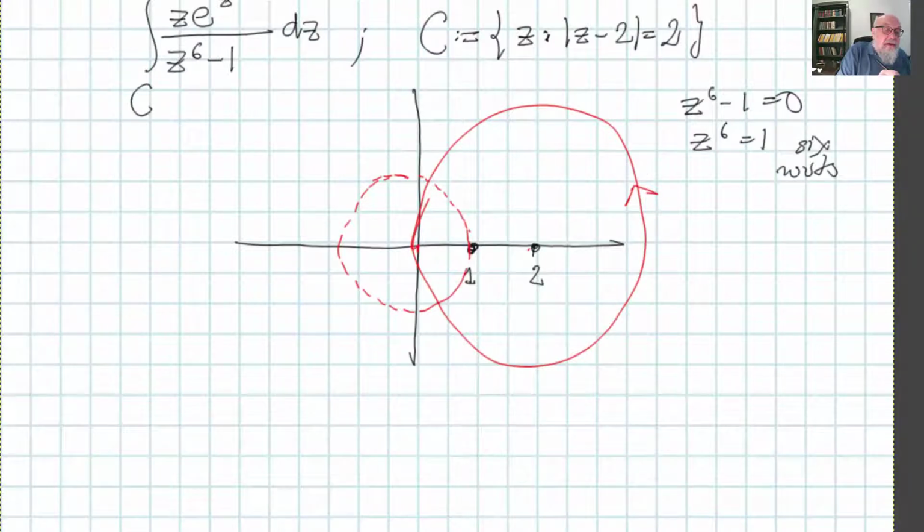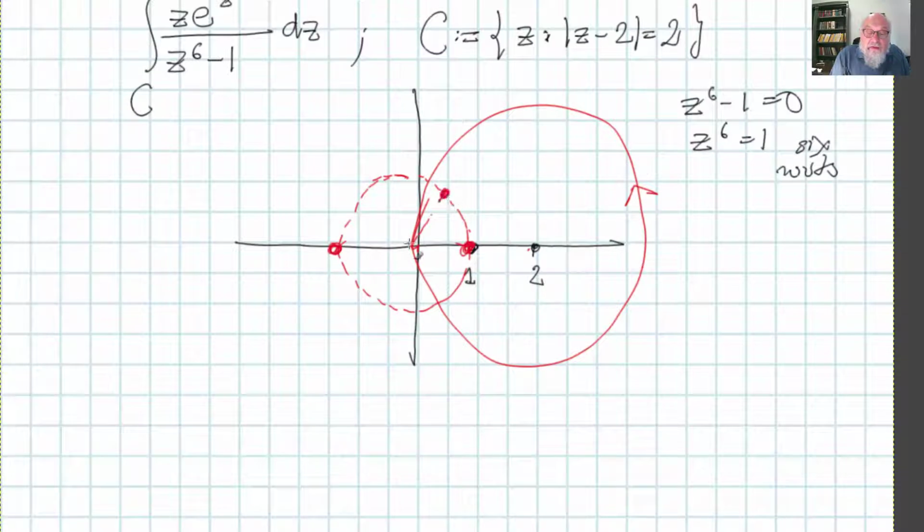And we have here, maybe, this is my first root, this is my another one, and then the 1, 2, 3, maybe it should be 60 degrees.